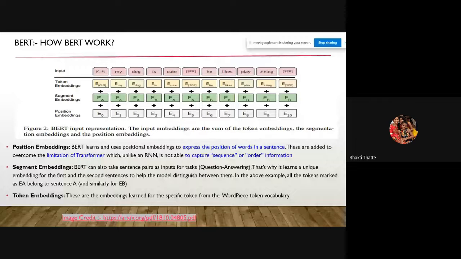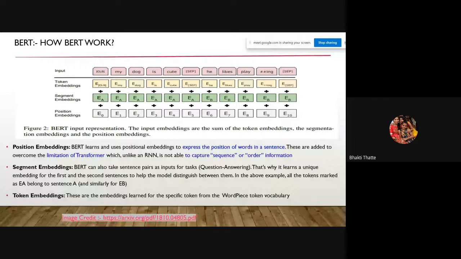In the position embedding, what happens is it finds out the position of each and every word in the sequence or in the sentence. And this is the added feature in BERT over the limitation of the transformer. The transformer was not able to find out the position of the word.